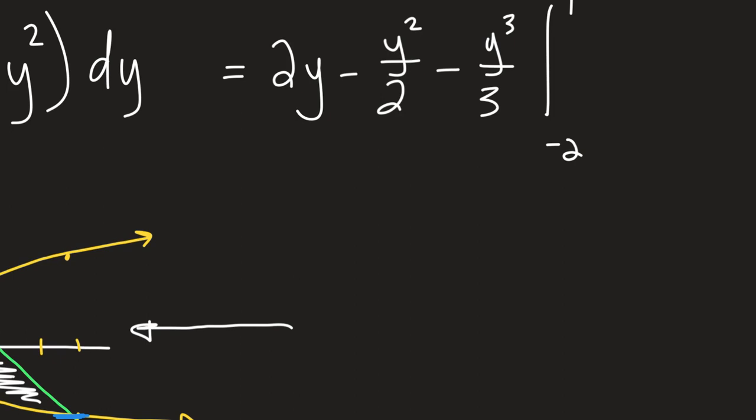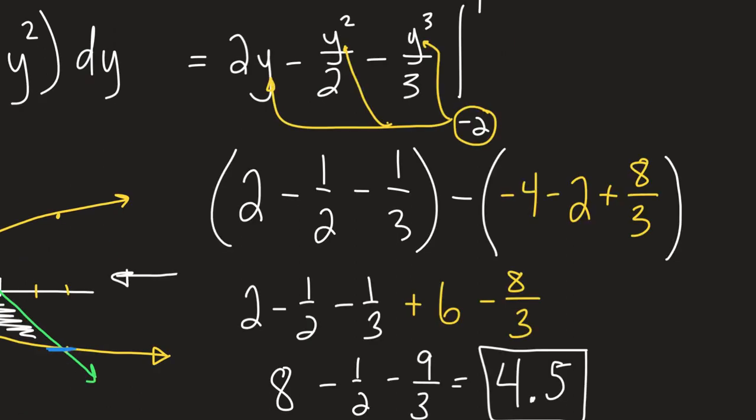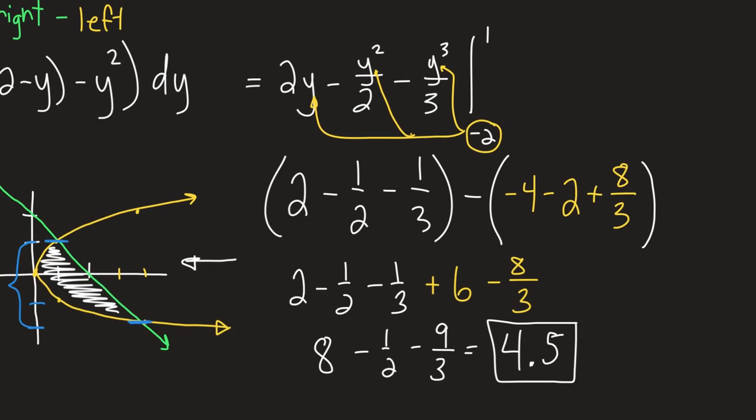Okay, but the math, quote unquote math, is done just the exact same. So we're going to plug in 1 and evaluate, and we're going to plug in -2 and evaluate. Okay, so we do all of that, plugging in and adding and subtracting, and we get 4.5. Okay, so when we have a y function, it's the right function minus the left function, and your interval comes from your y-axis, not your x-axis.